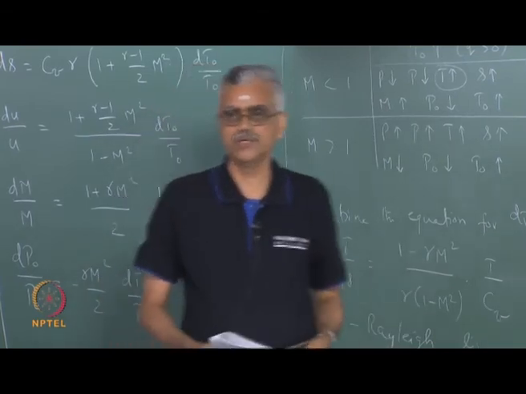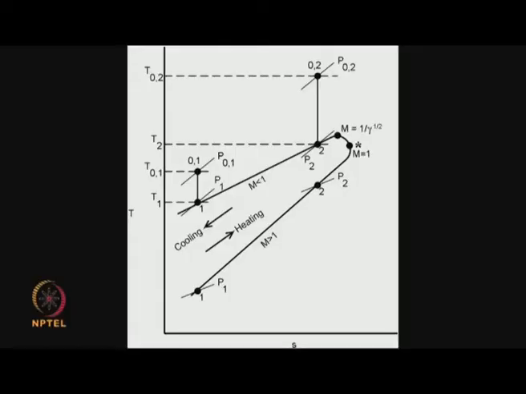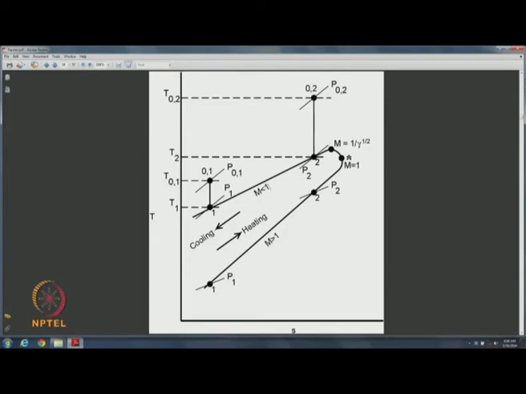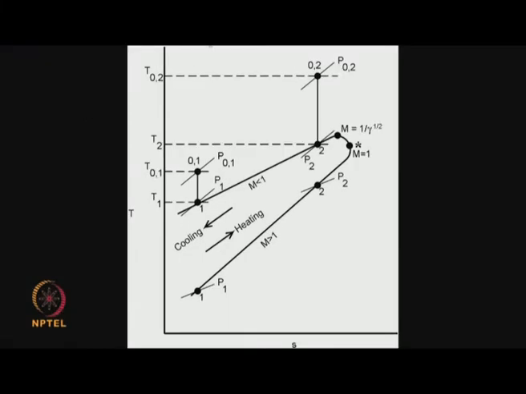We are now going to transfer it to the TS diagram. So, to summarize what we said earlier, state point 1, if it is supersonic, it lies here. The Rayleigh line is steeper than the isobar which passes through this, and the slope approaches plus infinity as we approach m equal to 1.